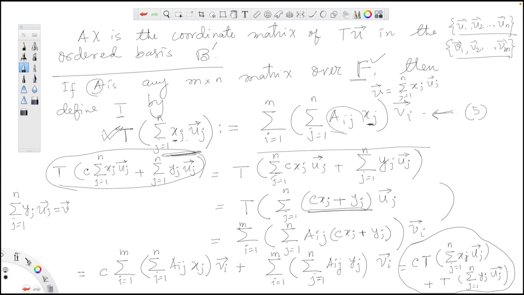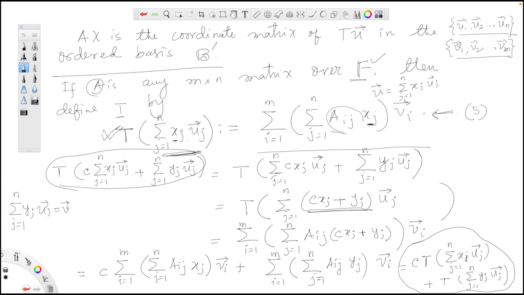So if we are given a linear transformation, we can find an m times n matrix over the field F, and if we are given an m times n matrix over the field F, we can find a linear transformation T from the vector space V to the vector space W.